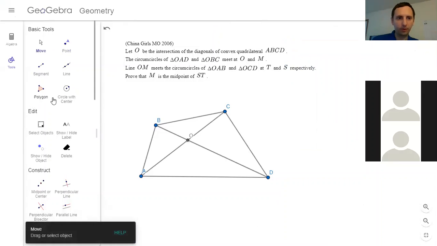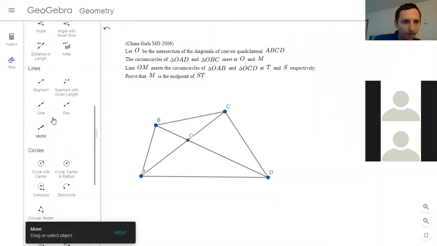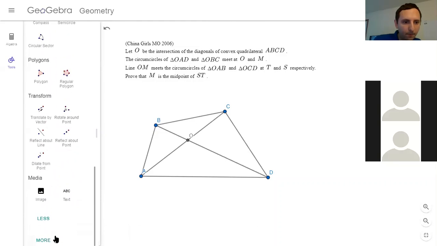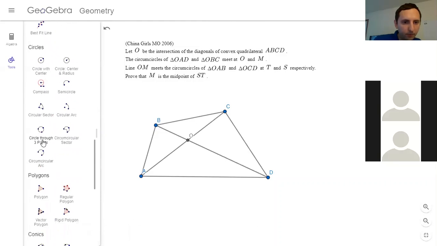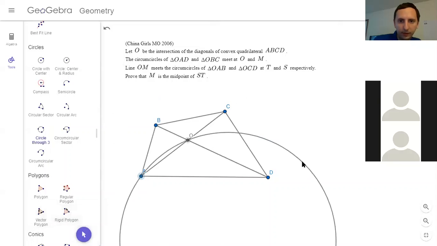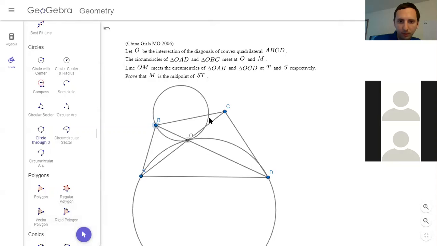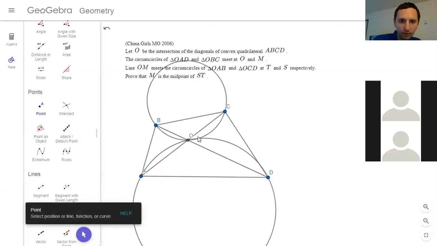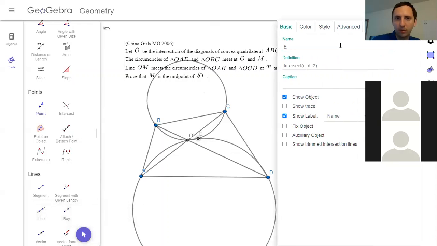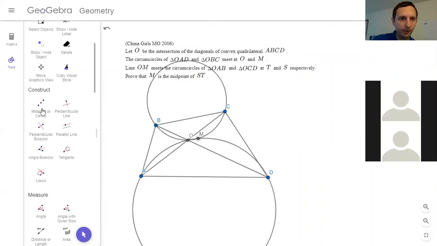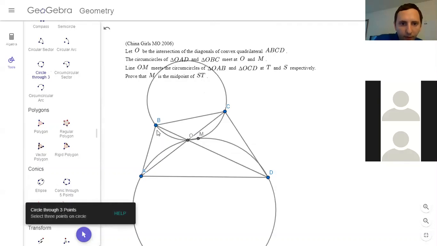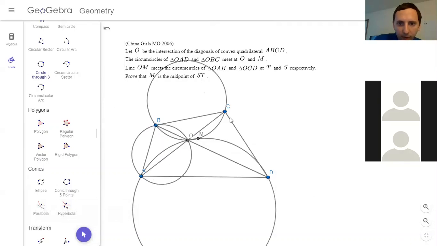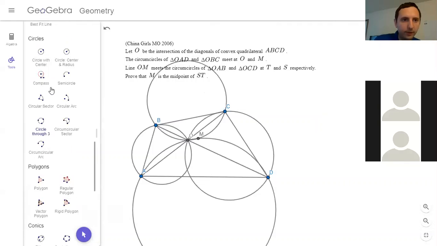The circumcircles of OAB and OBC meet at O and M. So M is the other intersection point. OM meets the circumcircles of OAB and OCD at T and S. And we want to show that M is the midpoint of TS.